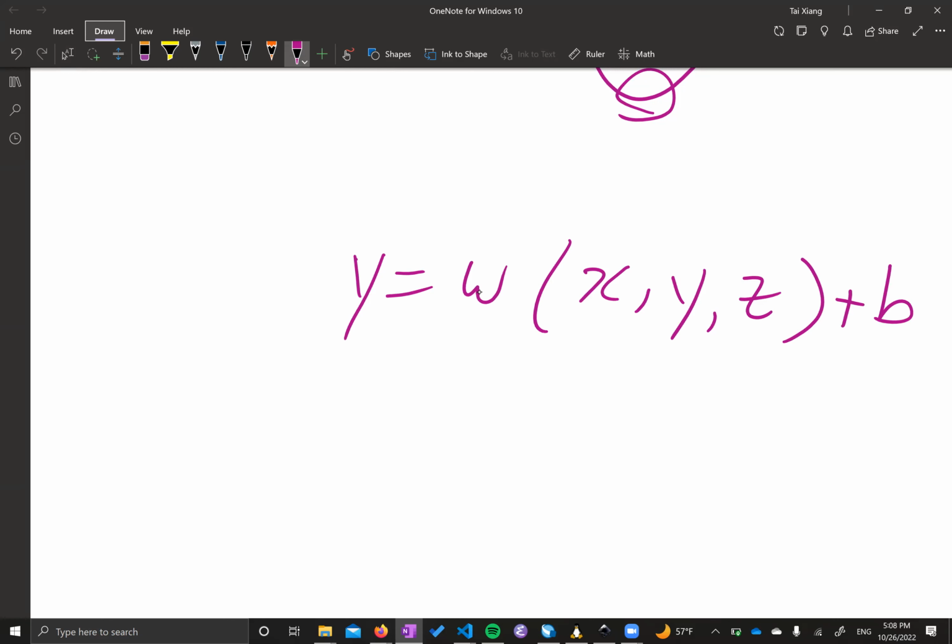So it might look like y equals W x y z plus b. We're not baking all the axes and dimensionality into the parameters, but our error just looks different now. When we get this J out, it's not going to be a 2D thing anymore. It's just going to be X, Y, Z, basically.